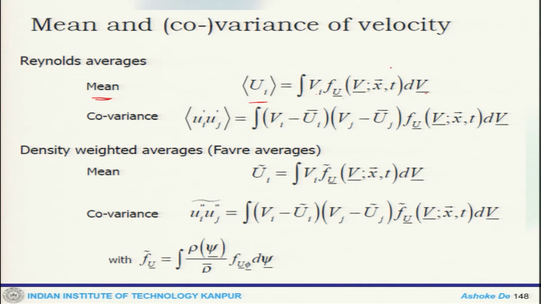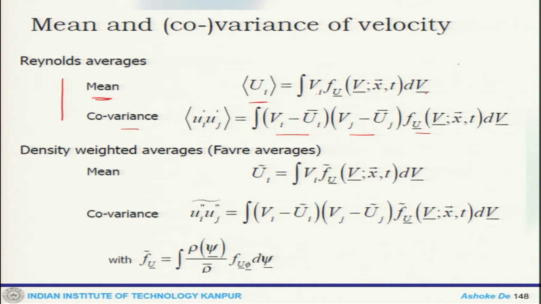So, as we have seen earlier, this is the nth moment with n equal to 1. Covariance is where n is 2, so that is the difference of two velocity components and the integration of this PDF function over the velocity space. That is how you get the mean and covariance, and these are the terms which would be required to close some of the unclosed terms that arise in the equation.